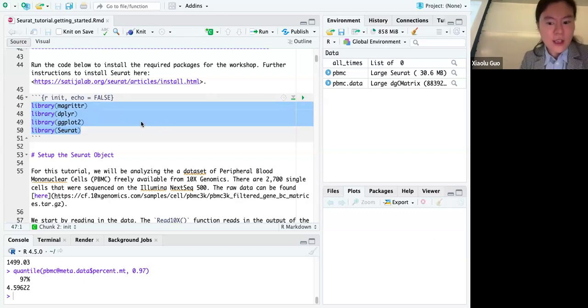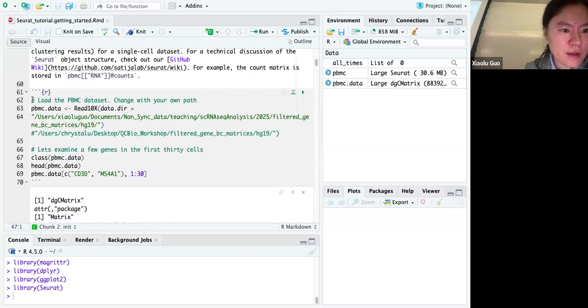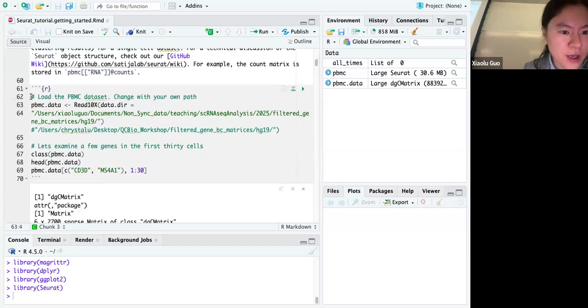And also this library is required for us to run this code. So we can run this chunk to load the library. And then this part is where we load the data.